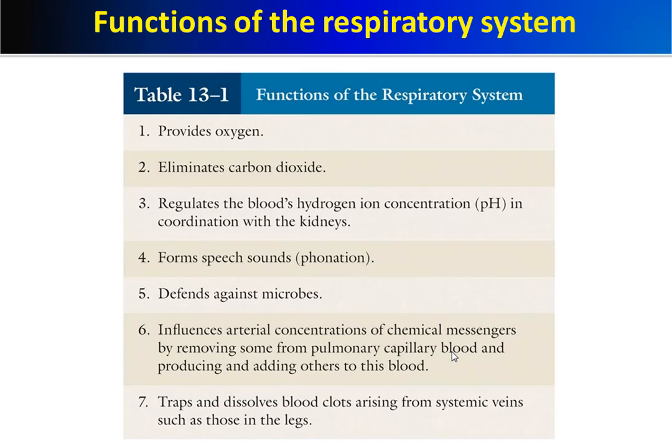Another important function is that as blood moves through the pulmonary circulation, this blood might contain small clots, and the small clots are trapped and dissolved, and they do not reach the left side of the heart.